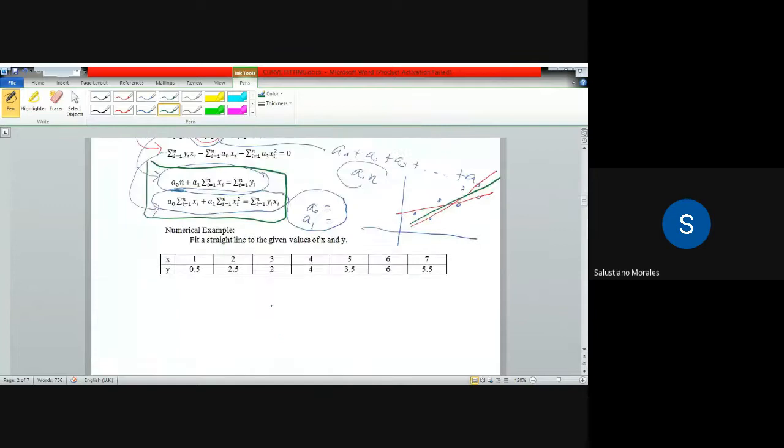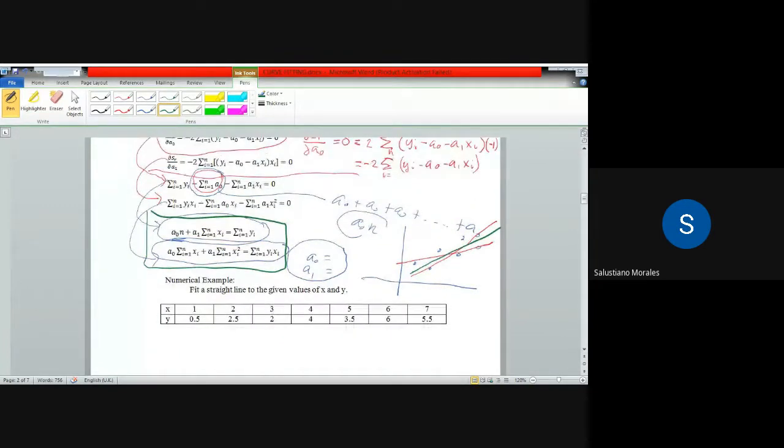So ano yung mga kailangan natin na values based from the equation that we derive here? We need the summation of xi, so meaning we add 1, 2, 3, 4, 5, 6, 7. We need also the summation of y sub i, so we add the values of y: 0.5, 2.5, and so on to the last.